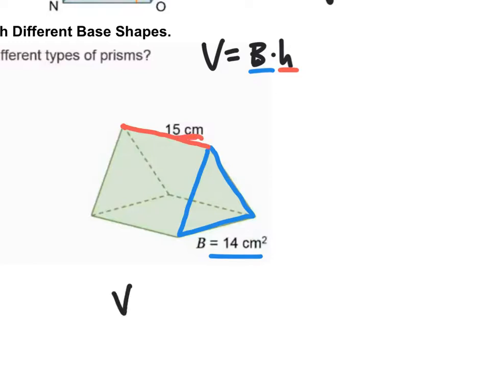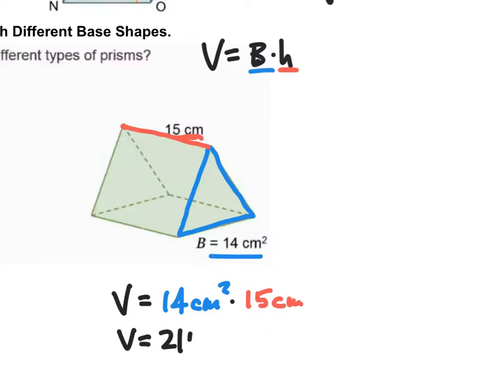So my volume for this is going to be the area of the base, 14 centimeters squared, times 15 centimeters. We do 14 times 15, and that's going to give us 210.